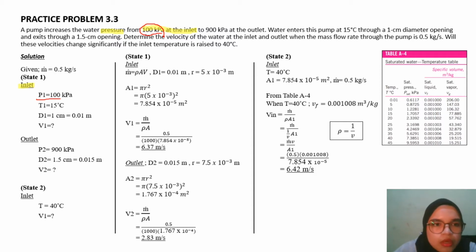So P1 is 100 kilopascal, and continuing, 900 kilopascal at the outlet. The outlet is here, and we assume 900 kilopascal as P2. That's the first information given.